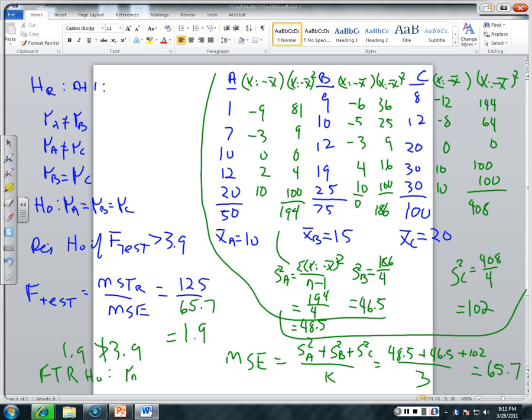Mu A equal mu B equal mu C could be true. We don't have strong enough evidence to say that there are any inequalities there. They could all be the same.